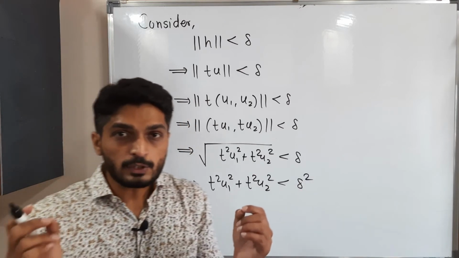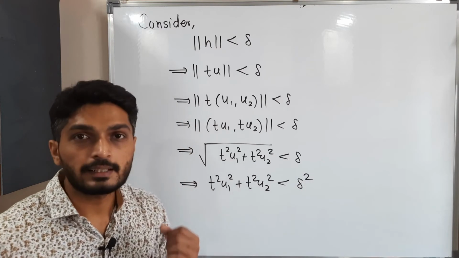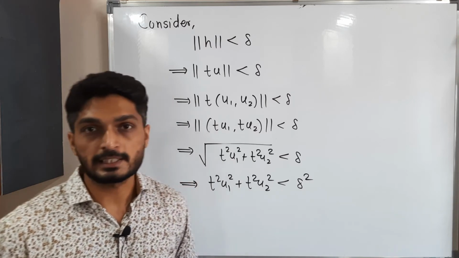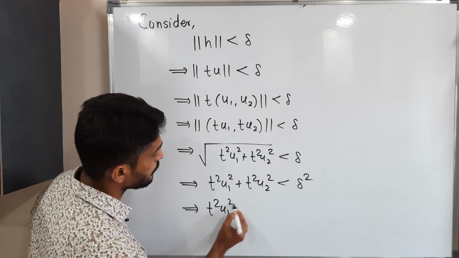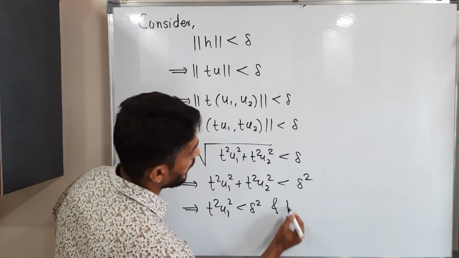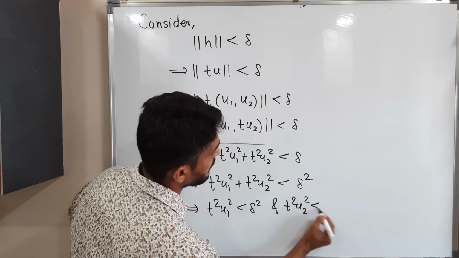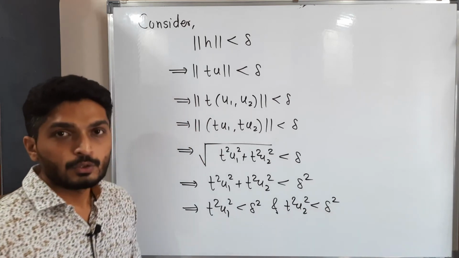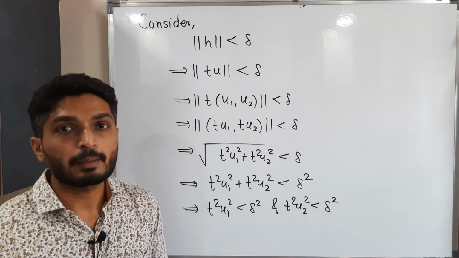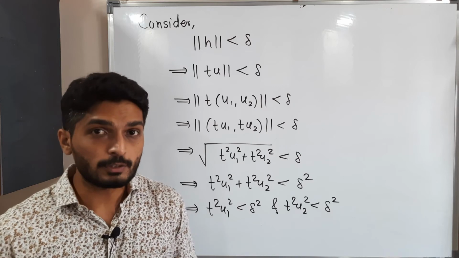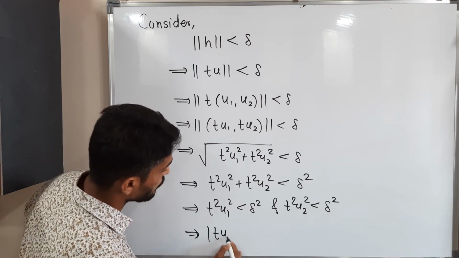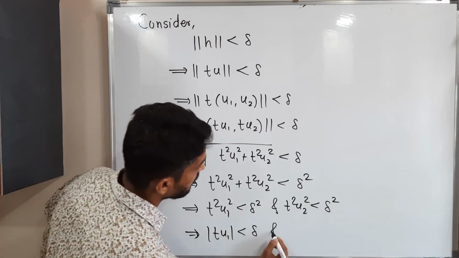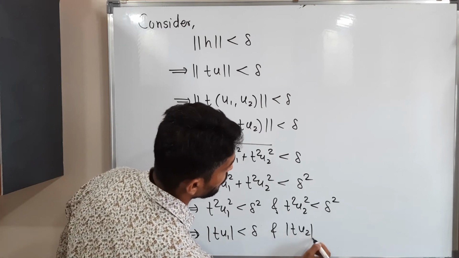The sum of these two non-negative numbers is less than delta square, so each of them is less than delta square. Taking the positive square root, mod tu1 is less than delta and mod tu2 is less than delta.